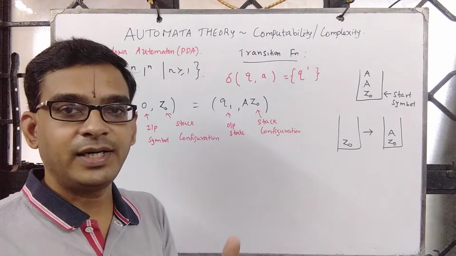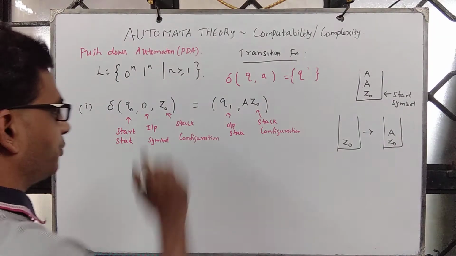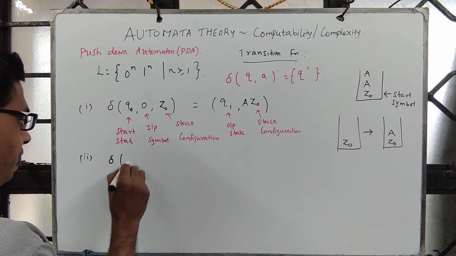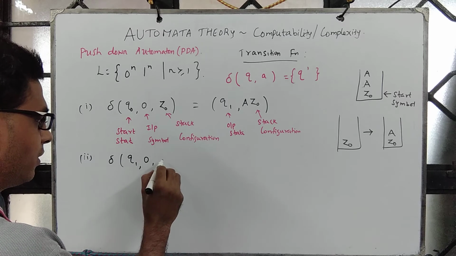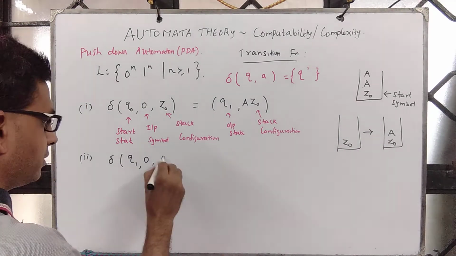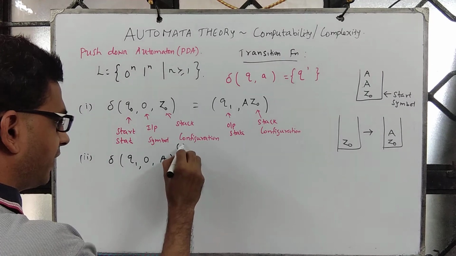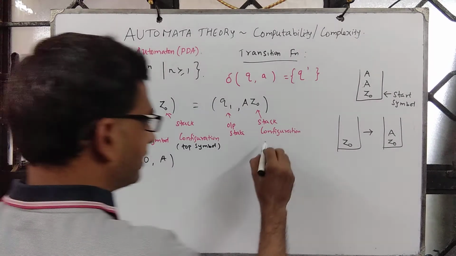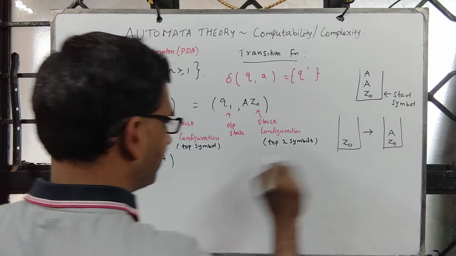We always represent the top two symbols of the stack, and this is our output state. Now we are at Q1. We read the next 0. Now when you are in Q1, the top symbol is A. So although I say stack configuration, it is in fact the top symbol; over here it is the top two symbols if it is a push operation.